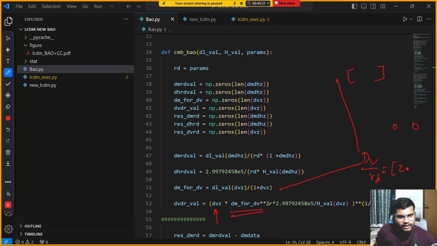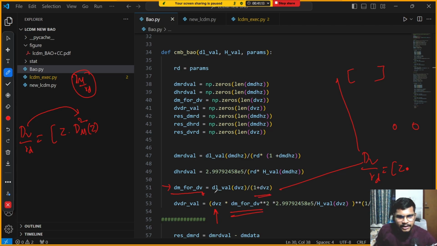Now DM for DV is squared. Again, I require DM. I told you that DV over rd is basically z times DM squared. One DM I have calculated at different redshifts, but again I have to calculate it for this particular redshift where DV is valid, and there are only 2 data points. So I have also defined over here DM for DV, DL, and 1 by z, with which specific z.